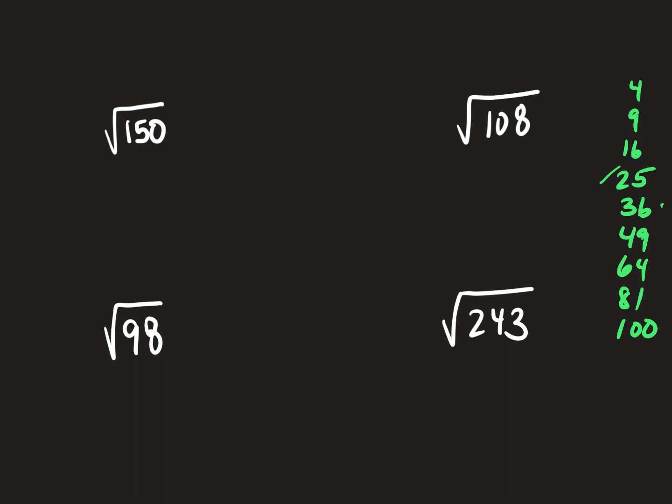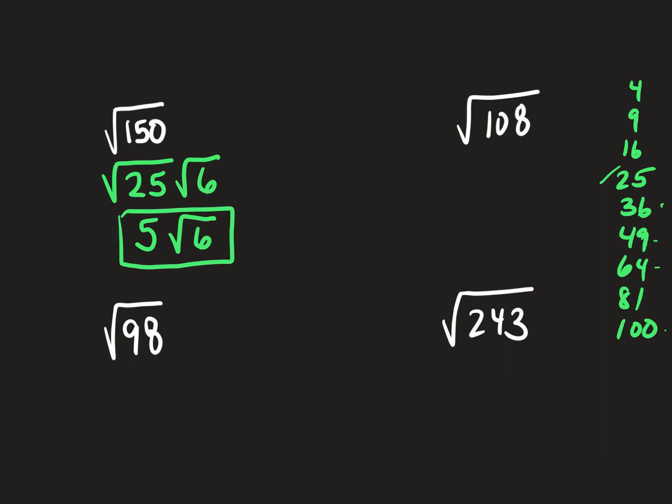Does 150 divide by 36 or 49 or 64 or 100? But it doesn't. The biggest I have is 25. So that's 25 times 6, because 150 divided by 25 is 6. And then again, 25 is going to turn out very nice. 5, and then square root of 6. And again, I can tell if I look at the 6, nothing divides into that, so that's still good.